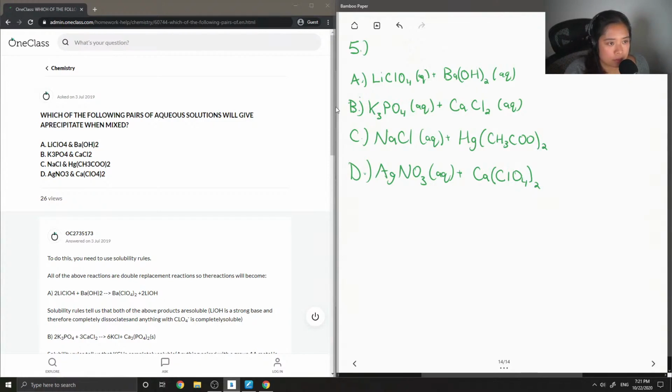Okay, so now let me try to write out the expected products. So if there is a double displacement reaction that occurs, hold on.